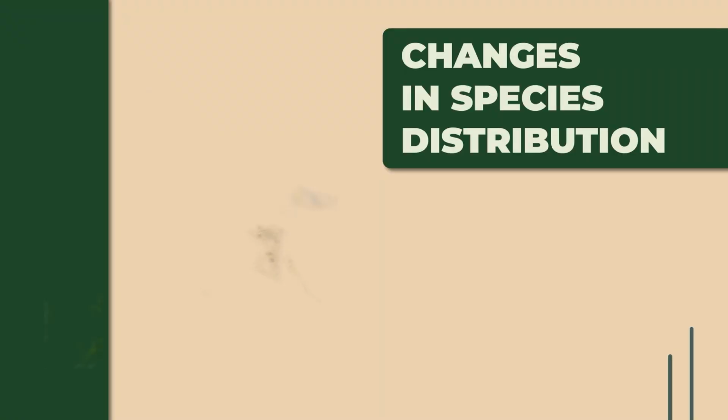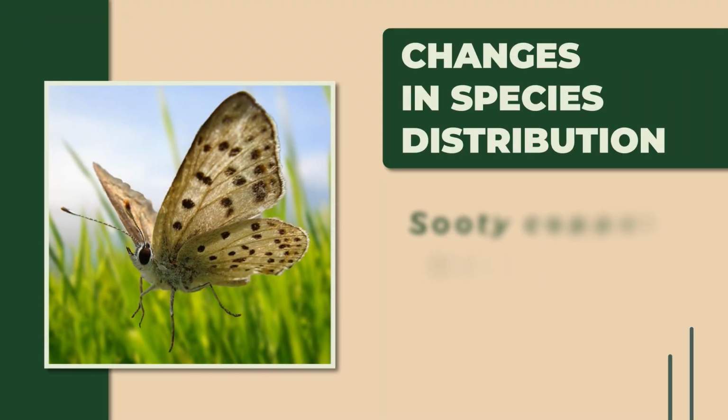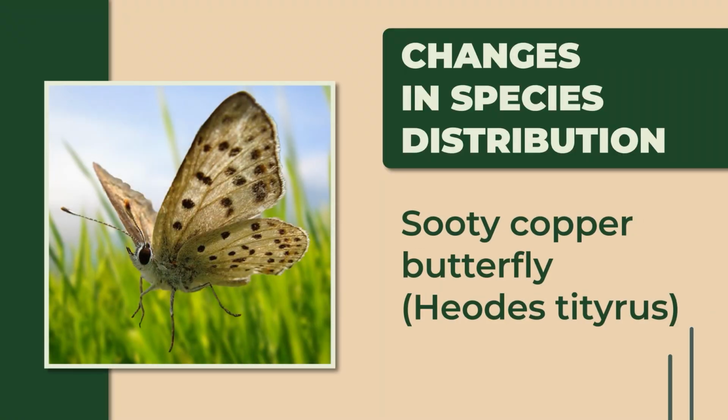The second example is the sooty copper. It's again a butterfly, in Europe. In fact, the population that has been observed in the northern part of Europe, slowly and steadily, this sooty copper butterfly started moving northwards. That shows that the temperature is getting warmer in the European region.